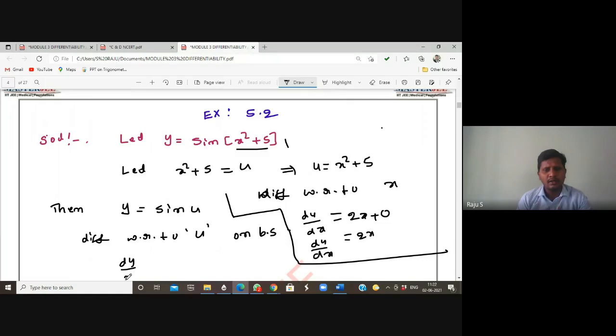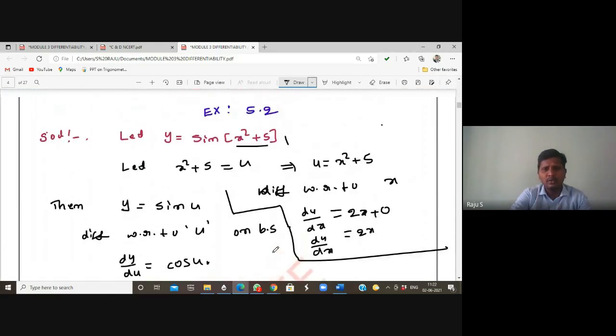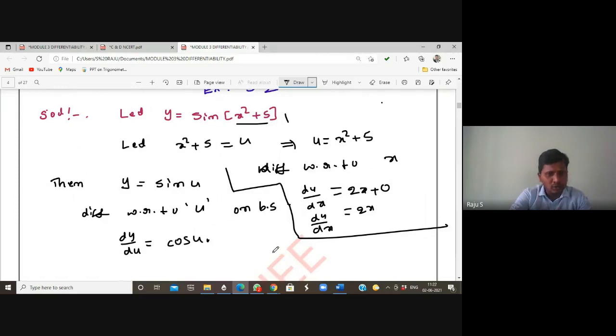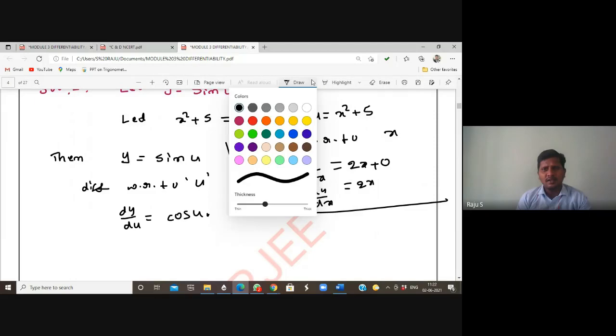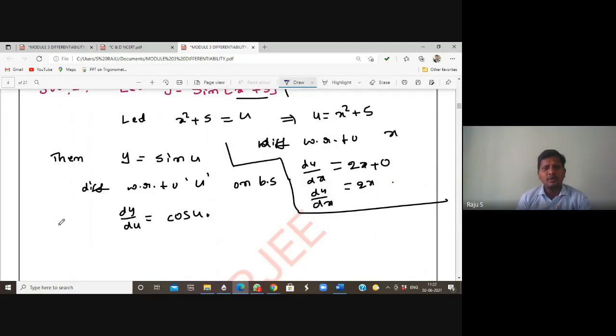Then dy by du is equal to the derivative of sin u, which is cos u. But don't write cos u into du by dx here, because you are differentiating with respect to u. Finally, they are asking for the derivative of y with respect to x. So dy by dx can be written as dy by du into du by dx. When du gets cancelled, we again get dy by dx.